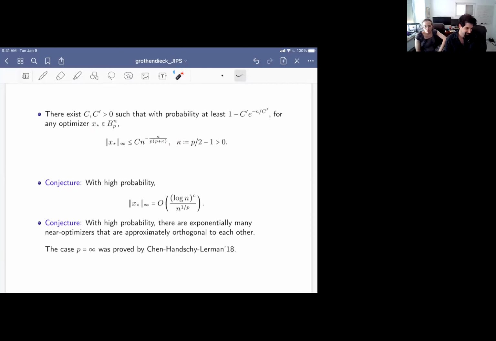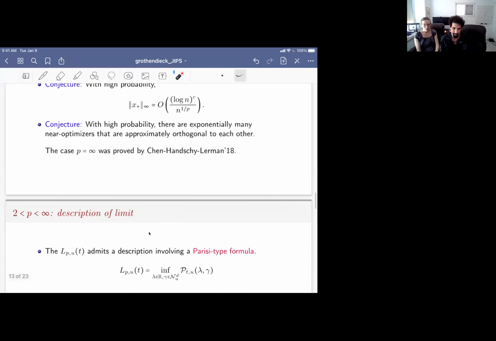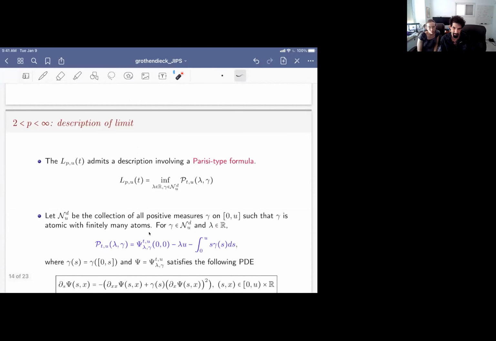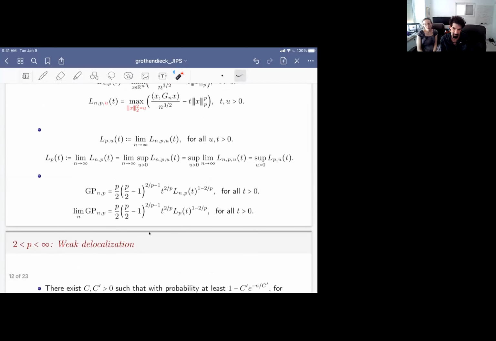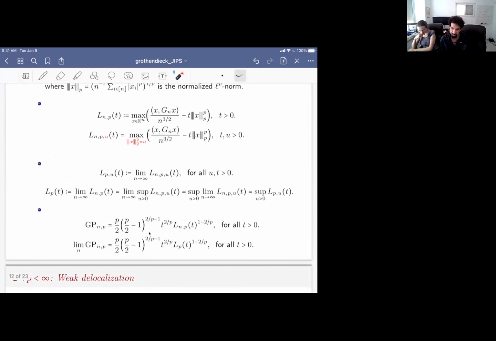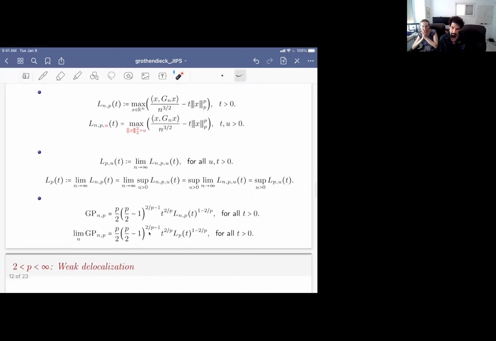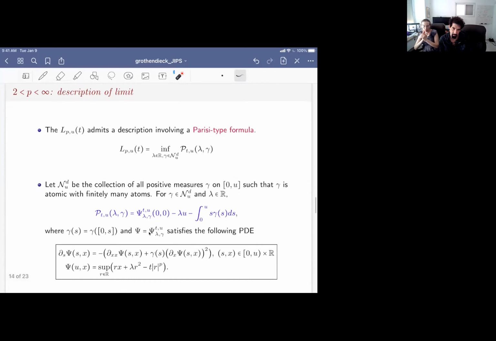Okay. So finally, let me give you a description of the limit. Coming back to a previous slide, the limit can be expressed in terms of the limit of the Lagrangian function, and this limit of the Lagrangian function can be expressed as the supremum of the limit of the restricted Lagrangian function. So all I have to do is give you a description of what the limit of this restricted Lagrangian function is.